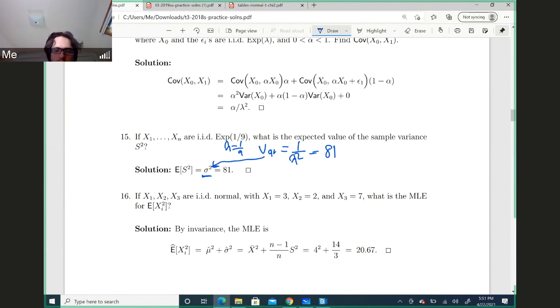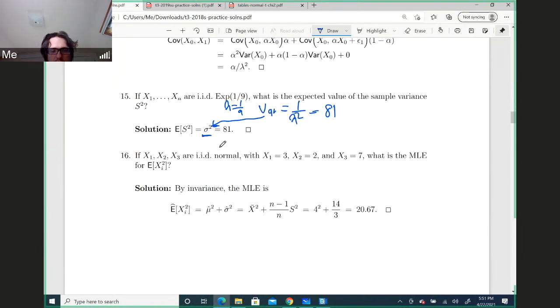But this question can show up in a lot of different ways. They can ask you to calculate a number using that fact, or they can just say it as a true or false statement, for example, that sample variance is unbiased for the true variance.